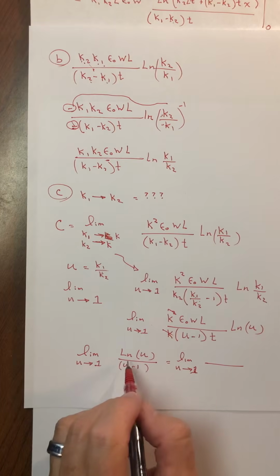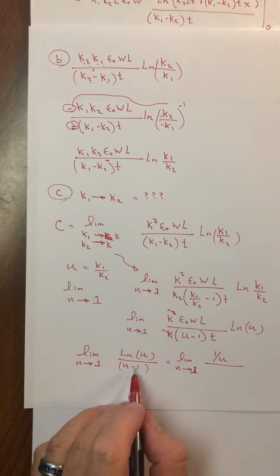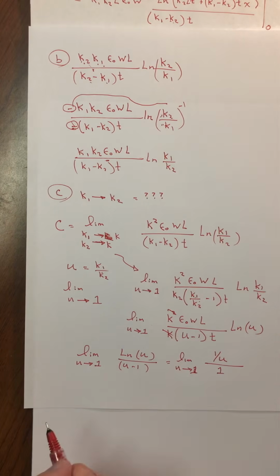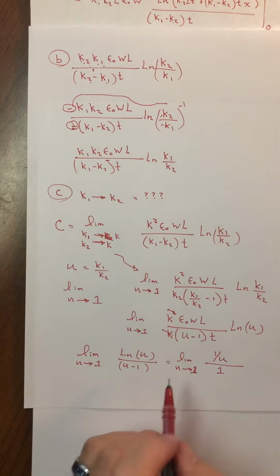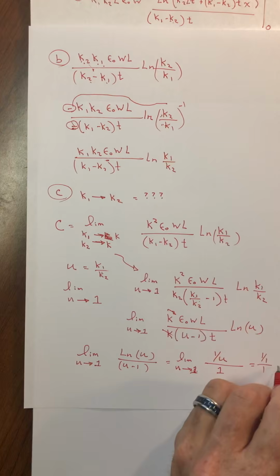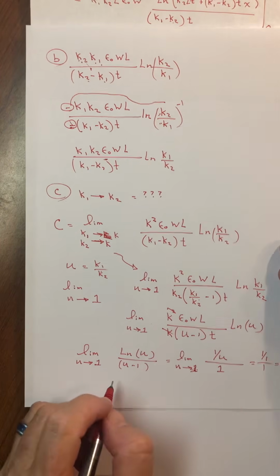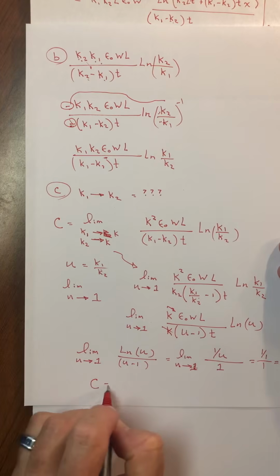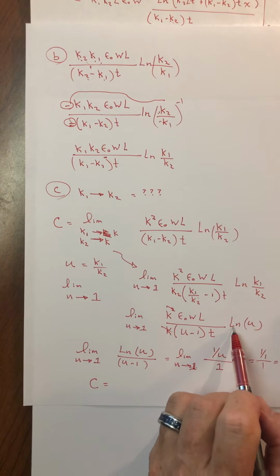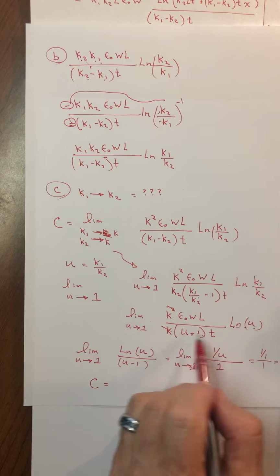So the derivative of ln of u is 1 over u, and the derivative of u minus 1 would just be a 1. And that's easy to take the limit, because when u approaches 1, we just get 1 over 1, which is 1. So this whole mess, ln u over u minus 1, all goes to 1.